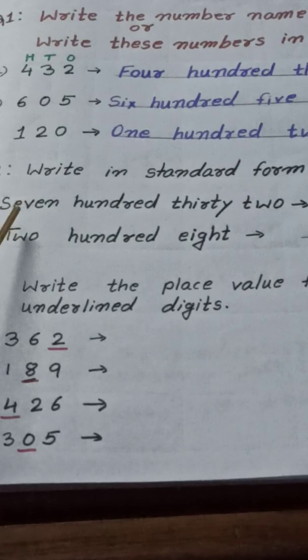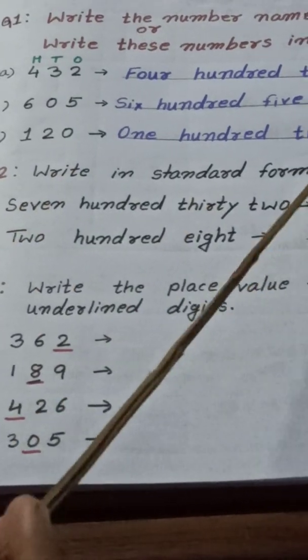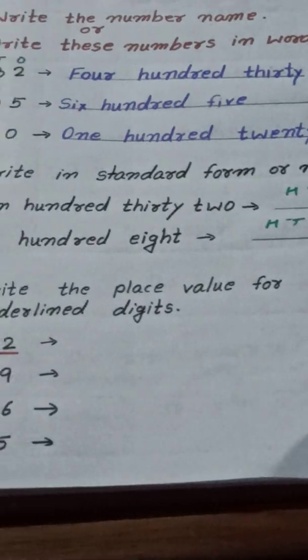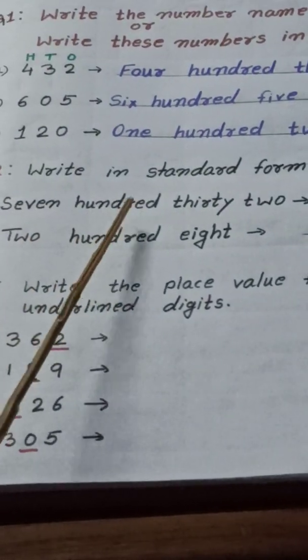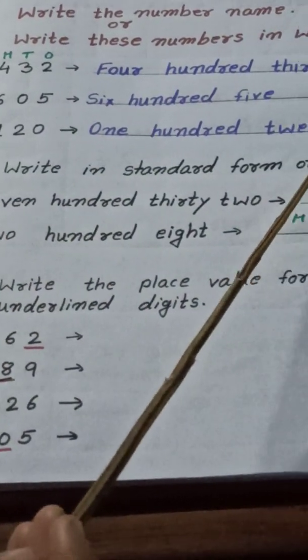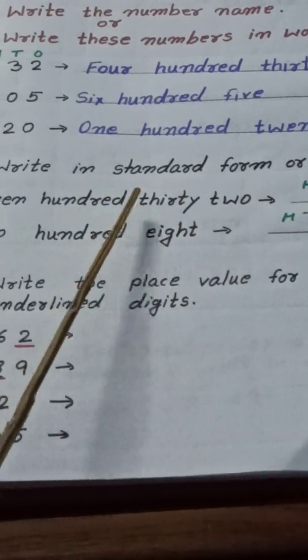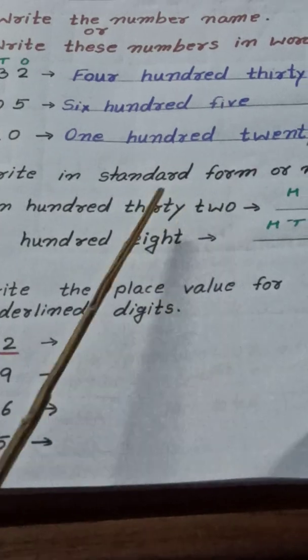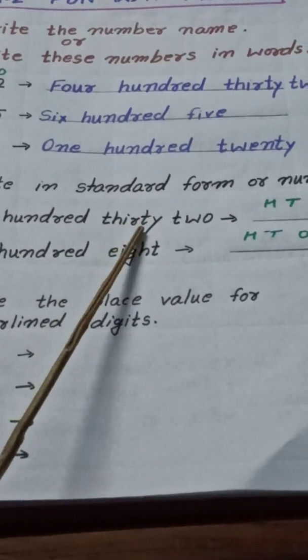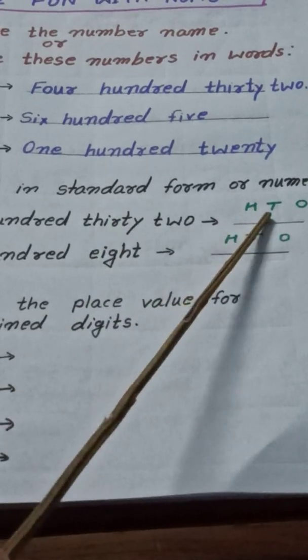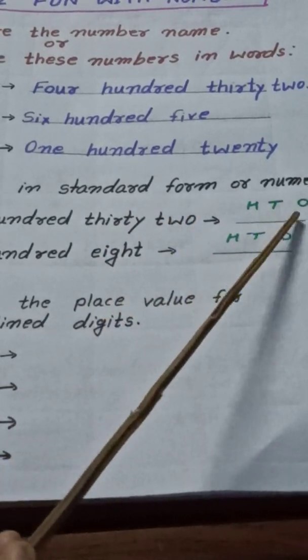Before writing the number, first we put the places, right? Here is written 700. So where is the 100 place? 7 we will write on the 100 place. Then after that 32, so 30 and 2, 3 tens. 3 will stand on the tens place and 2 on the ones place.